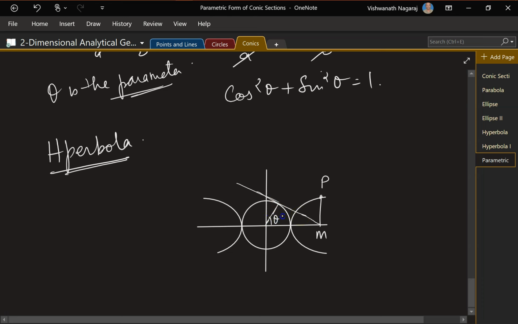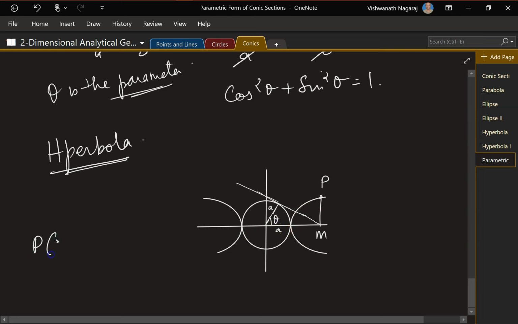So let's say this is theta. Now here, this would be A, the radius. Why? Because this is A. Remember, hyperbola cannot exist between minus A and A. So this distance is A.